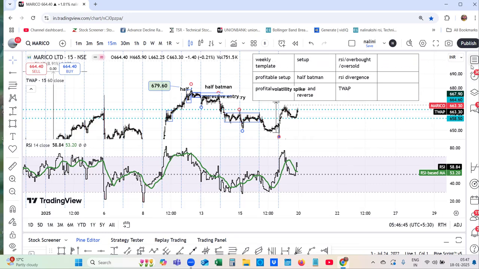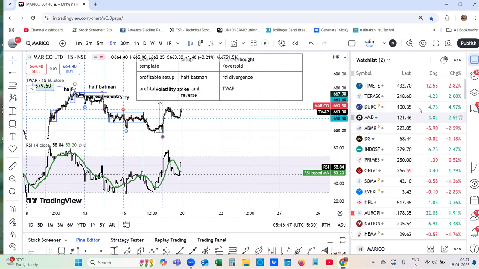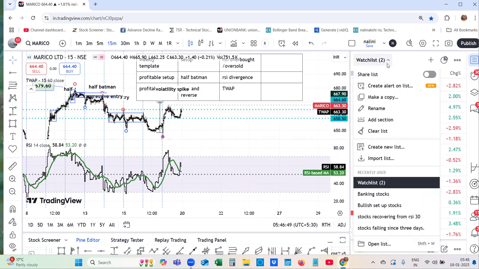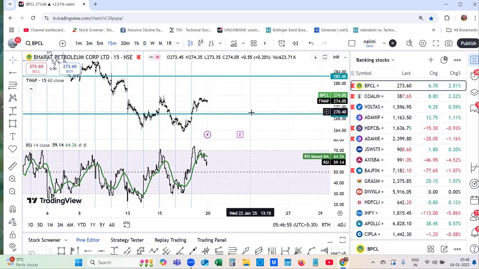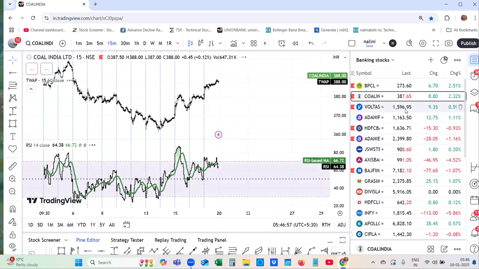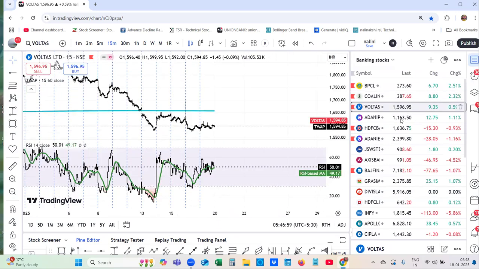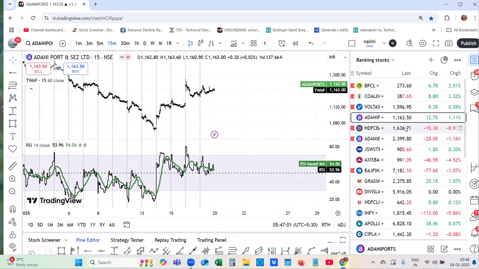So let us quickly go through some stocks. One minute. Not many. Let me check whether any stock is fitting. I had labeled some stocks for this.